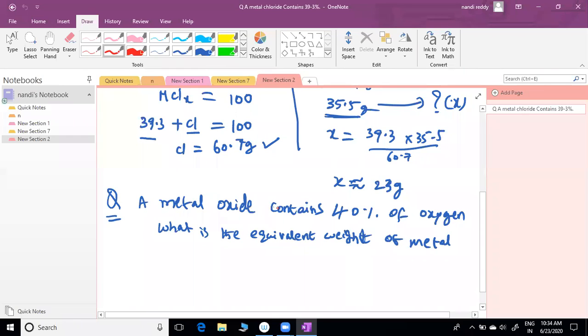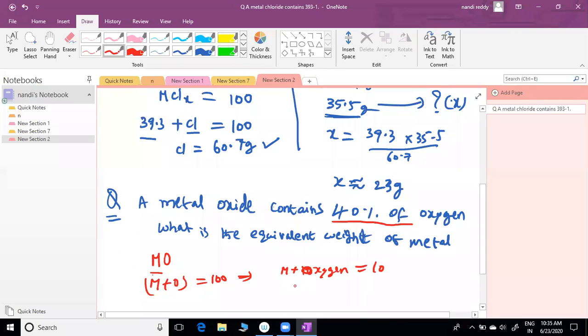Read the question. A metal oxide contains 40% of oxygen, meaning metal oxide MO has metal weight plus oxygen weight, both equal to how much, sir? Grams. Is it clear? Percentage means for 100 only. In that case, how much weight is given here? 40% means for 100 it is 40 grams. So metal plus oxygen equals 100. Metal I don't know, but oxygen is given as 40.